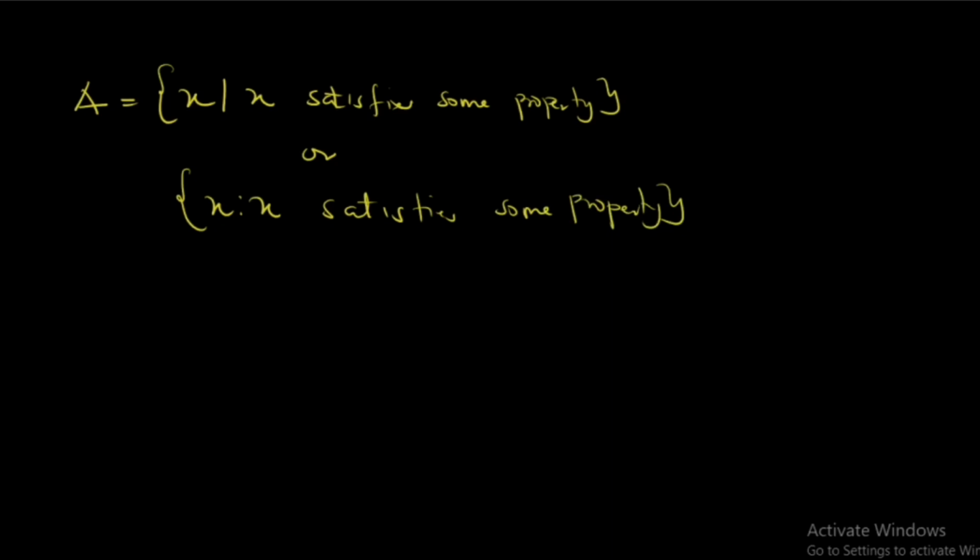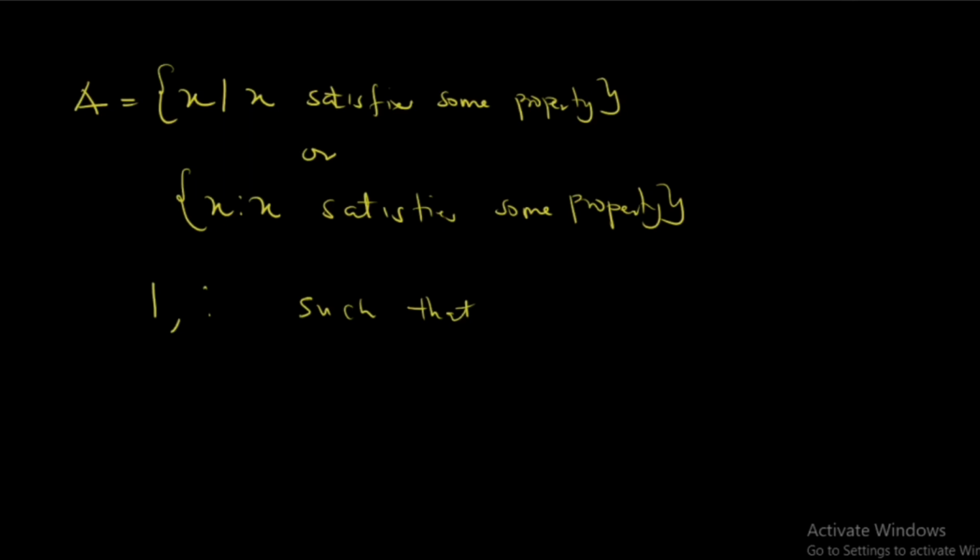In this case, the symbols are pronounced such that. So in this case, when we are reading this, for all s such that s satisfies some property. The same thing applies to this: x such that x satisfies some property.